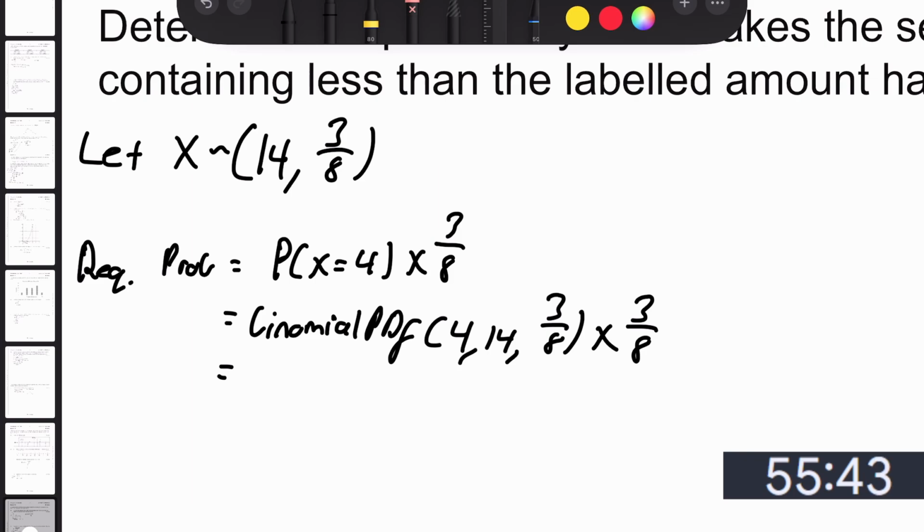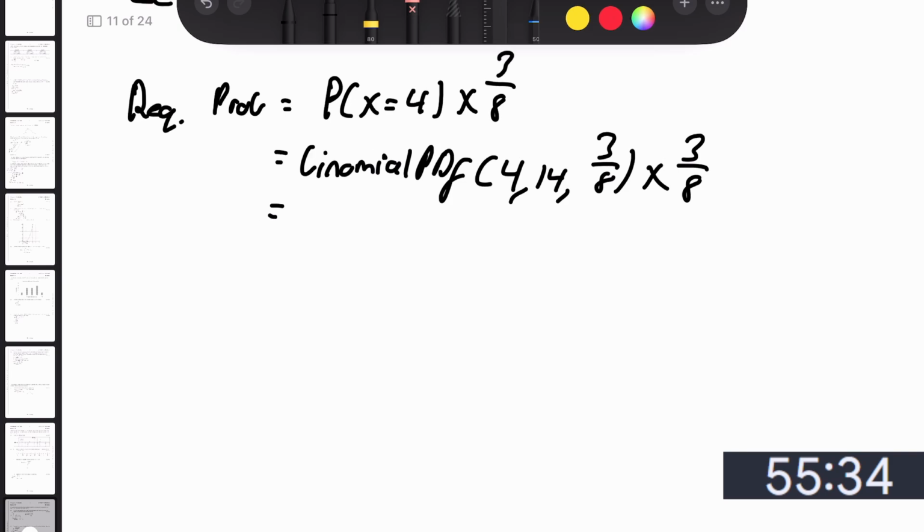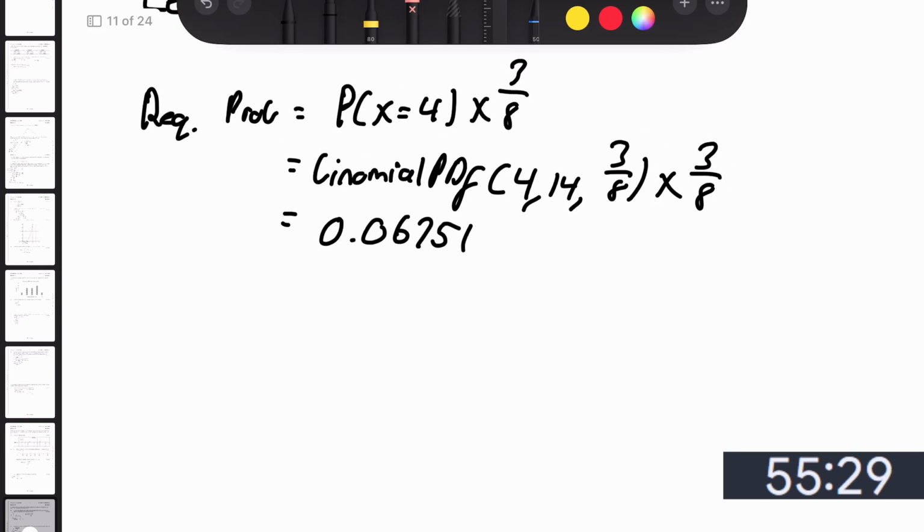I go to action, distribution, discrete, binomial PDF 4, 14, 3 divided by 8, times 3 divided by 8, 0.06751. Now I'm going to double check.